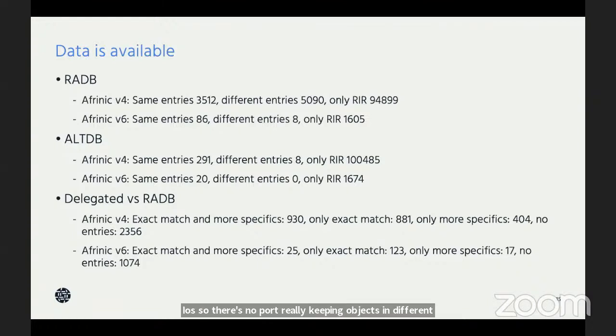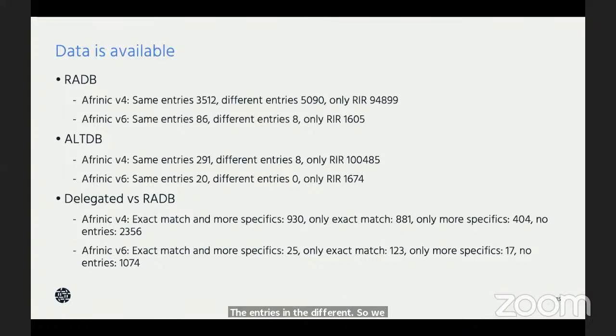If you create your objects properly and make sure they are updated in the Afrinic IRR, then you can perhaps go and delete your old entries in the different IRRs.